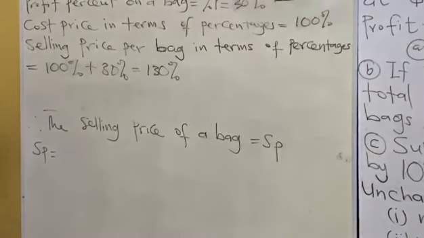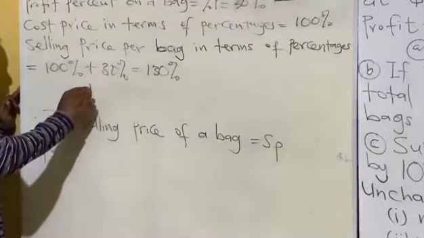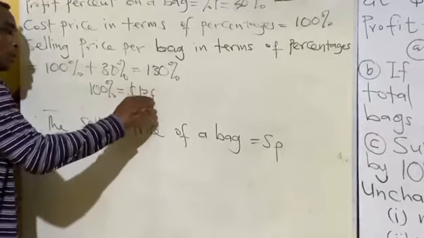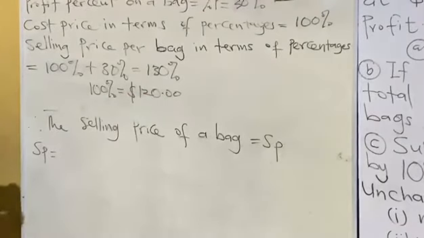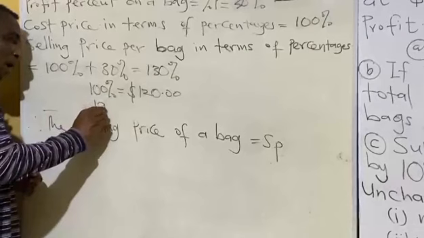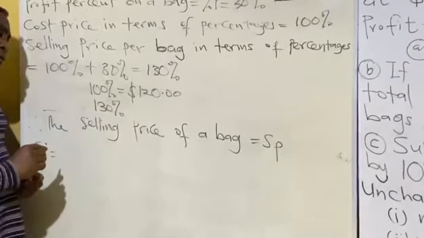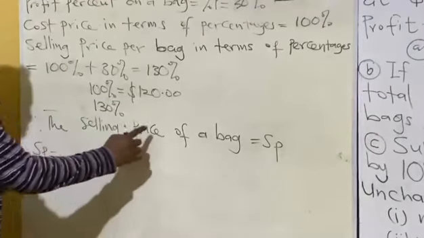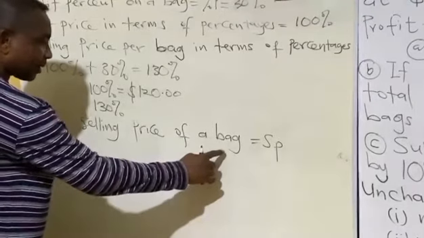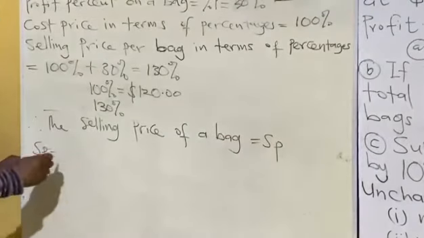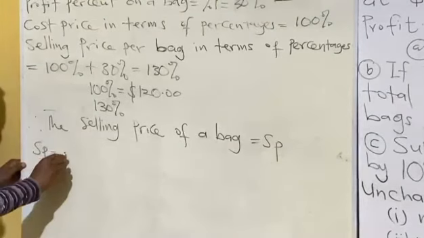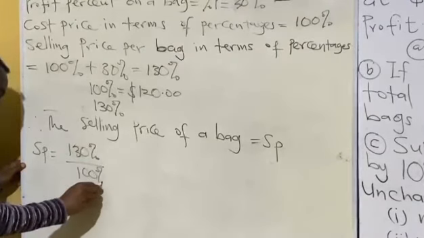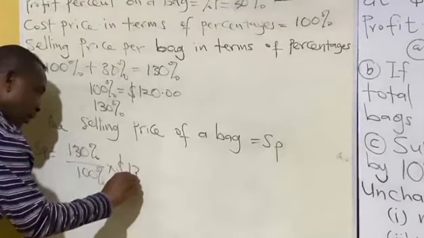Okay, now cost price in terms of percentage, 100%, is equal to $120. Therefore, 130% for the selling price. The selling price of a bag, SP, is equal to 130% over 100% times $120.